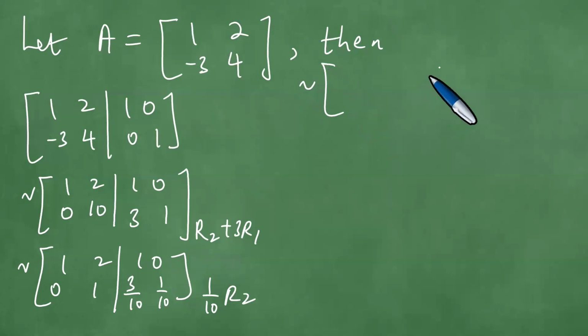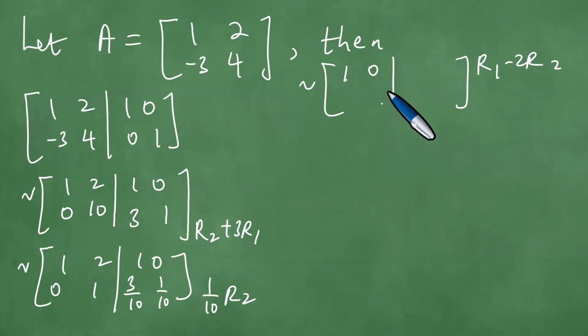So in the end, we have row 1 minus 2 row 2, giving us exactly a 1, a 0. Then row 1 minus 2 by this, which is exactly minus 2 by this, it's actually minus 6 out of 10.